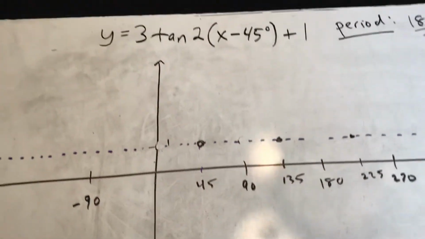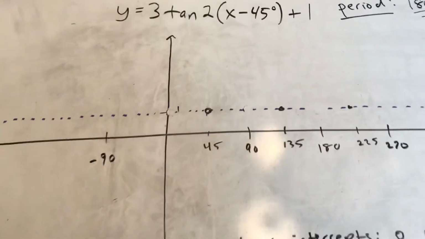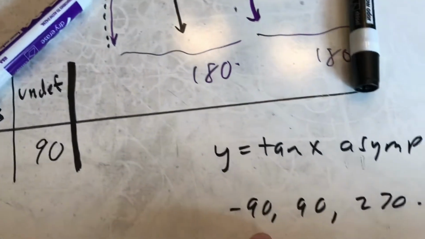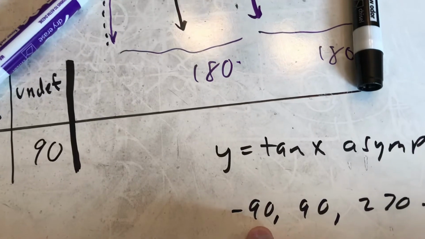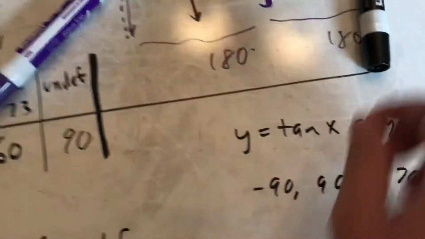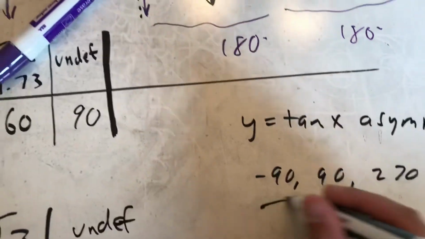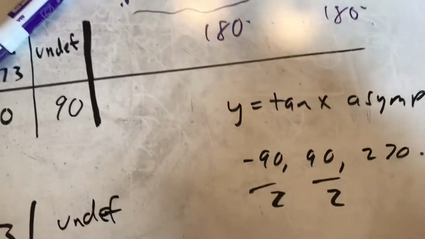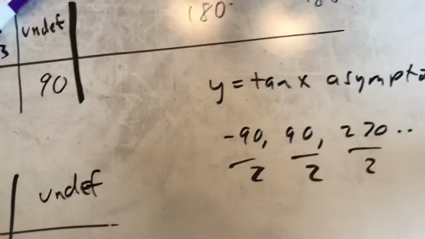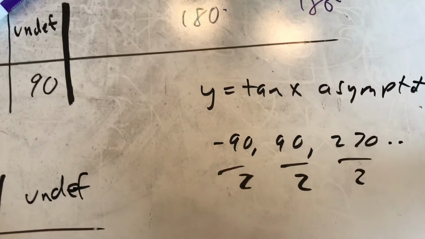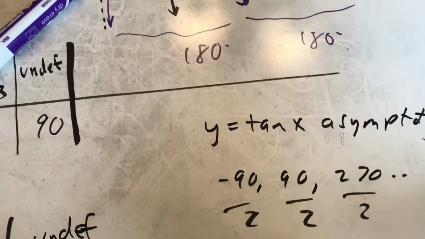And so the asymptotes will be exactly in between these, which is interesting, actually. The asymptotes would have been at negative 90 divided by 2, negative 45, 90 divided by 2, which is 45, and 270 divided by 2, which is 135. However, we're going to add 45 to each of those as well.